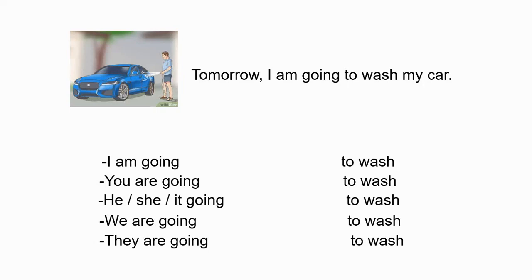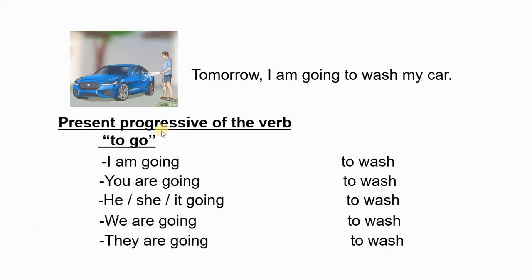So let's look at this in more detail. It separates this part out, and we can see that there are in fact two parts of the structure. The first part, on the left, is the present progressive of the verb to go.